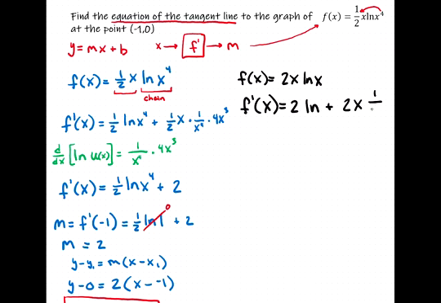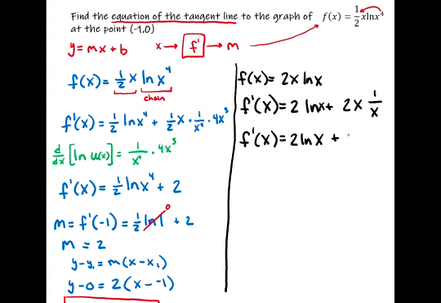The derivative of ln of x is 1 over x. No need for the chain rule here. All right, so it looks like f prime of x is equal to, oops, I forgot the x there, 2 ln of x plus 2.